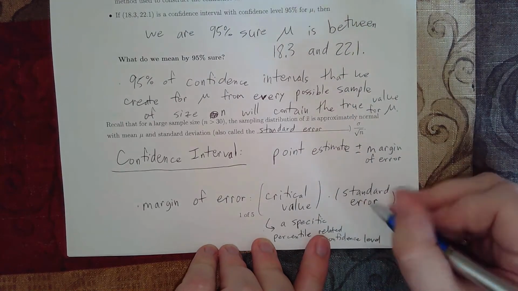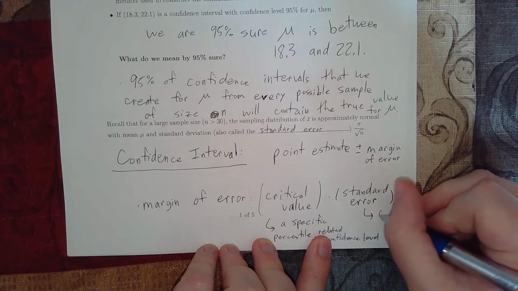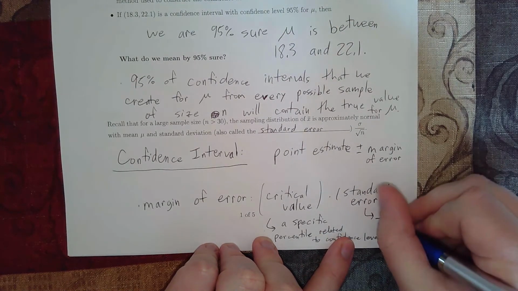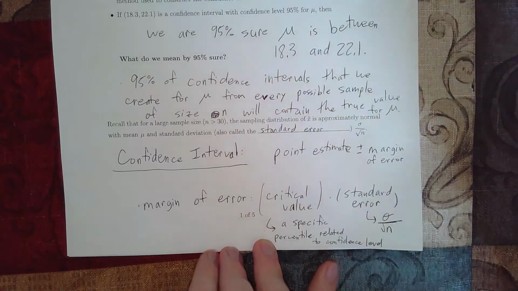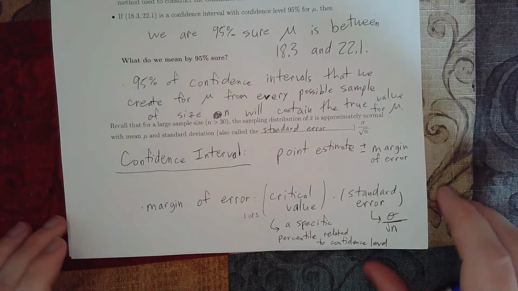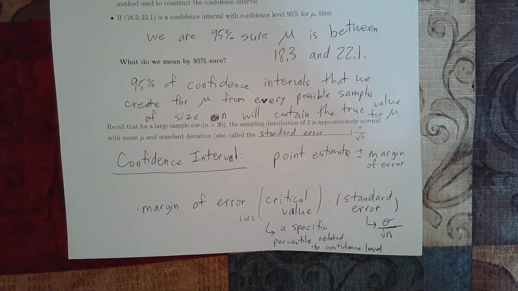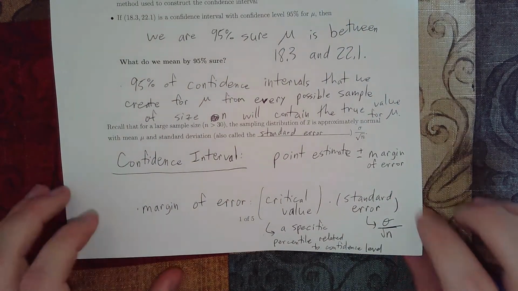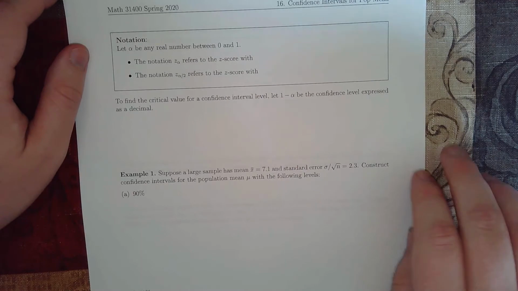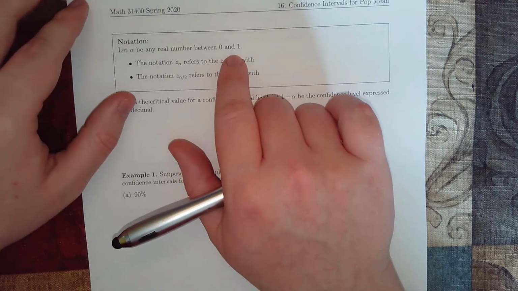Our standard error, as we said above, is the standard deviation for the population over the square root of n. All right, so let's talk about how we find some of these critical values and get some of these confidence intervals. So let alpha be any real number between 0 and 1.